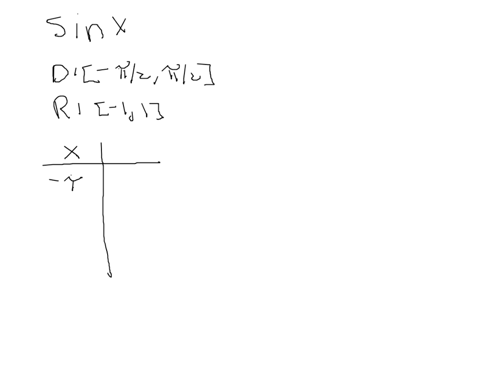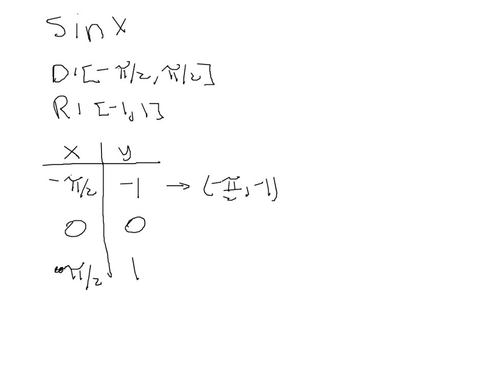When x is -π/2, sine of x is -1. When x is 0, sine of x is 0. And when x is π/2, sine of π/2 is 1. So I have the ordered pairs (-π/2, -1), (0, 0), and (π/2, 1).